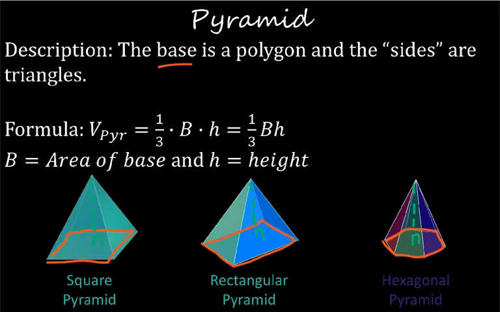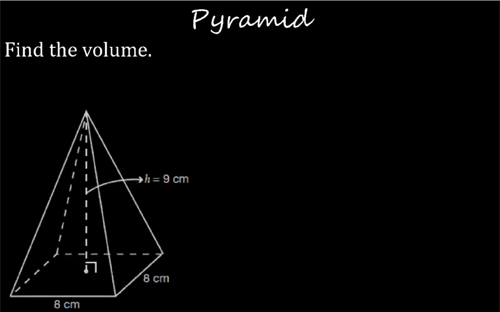So the formula for the volume of a pyramid is 1/3 times the base, which is the area of that base, whatever the polygon shape it is, times the height. All right, so here the volume of the pyramid is equal to 1/3 times the area of the base.